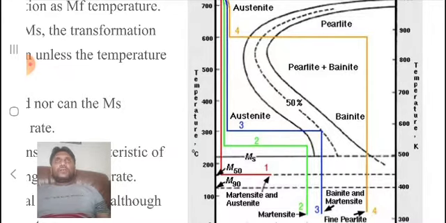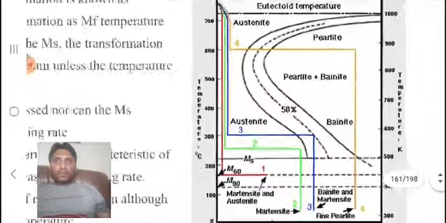Bainite is a little less hard than martensite. Bainite we cannot identify under a normal optical microscope, so it is a very fine structure of pearlite.